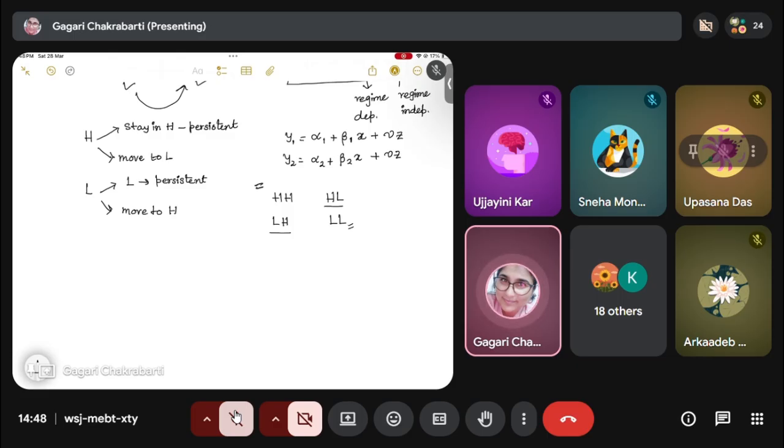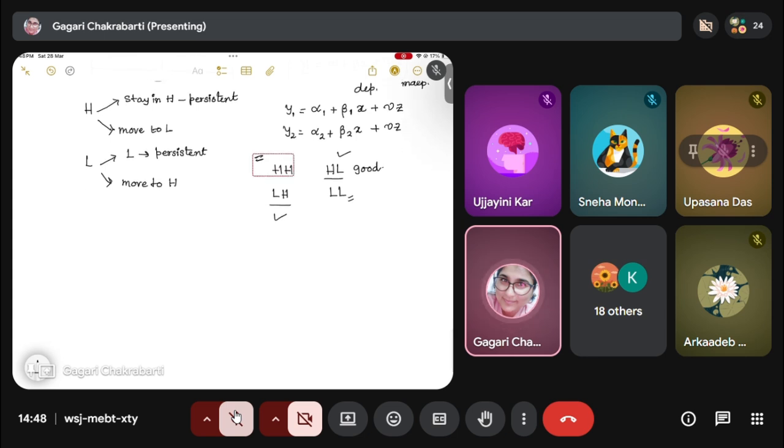Either it moves from high to low or it moves from low to high. Which one is good and which one is bad? Moving from high to low is good. তুমি ভোলাটিলিটি বেশি দিয়ে শুরু করেছিলে, but now you are shifting towards low volatility, so that's good. But low to high is bad for a risk averse investor also.